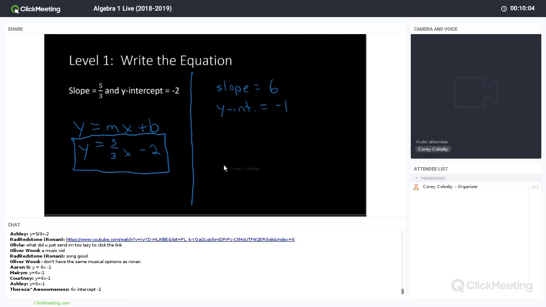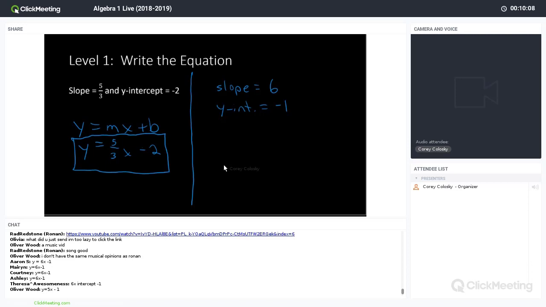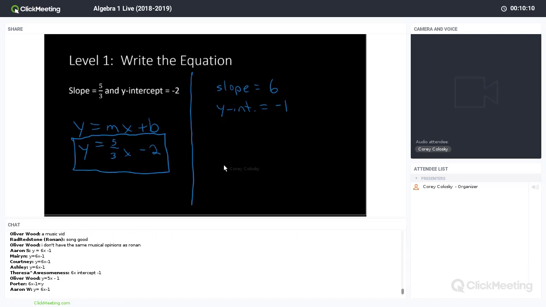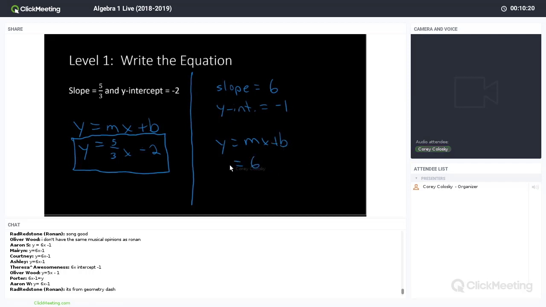So let's see, 4 responses, 5 responses. Okay, good. So it's going to be y equals something times x plus b, mx plus b. Replace the m with the number 6. That's your slope. So we have 6x plus b is -1. So it's plus -1 or -1. All right, so this here is our equation.